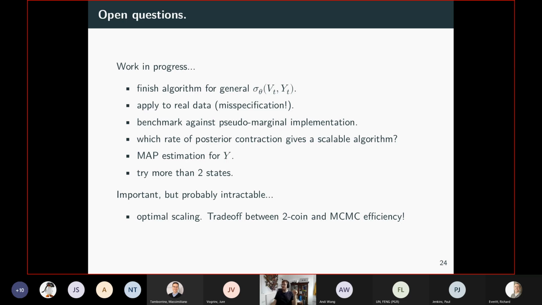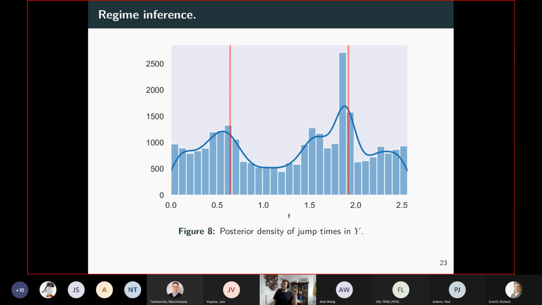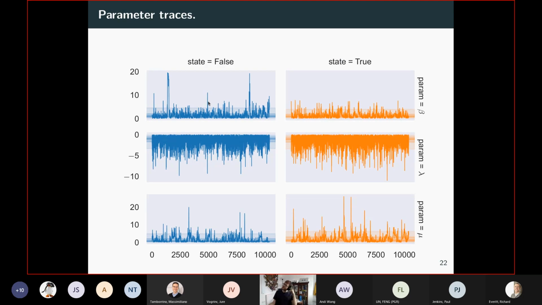So really here we have a trade-off between efficiency in the two-coin algorithm and MCMC efficiency, just in terms of the dependence of theta at any two times in the Markov chain. And so 0.17 really here is the lower bound on the optimal acceptance probability. As an example, in this run here, I used an acceptance probability of 1/3, but I don't actually know for a fact that this is anywhere close to optimal.